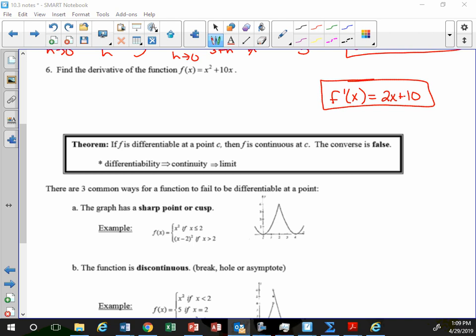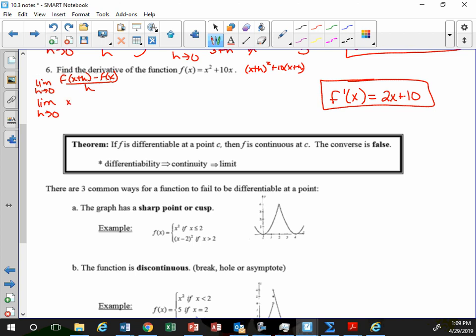Double is easy. Did we get there? Yes? Anybody need me to go through it? Okay. So, limit as h approaches 0 of f of x plus h minus f of x all over h, right? That should be stuck in your head at this point. So f of x plus h, that's x plus h quantity squared plus 10 times x plus h, right?